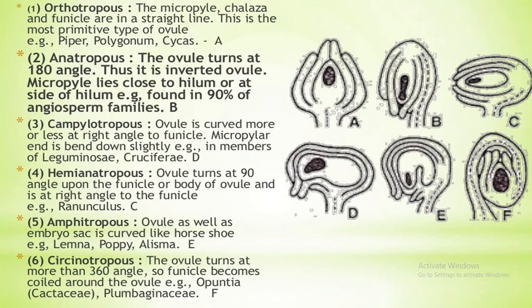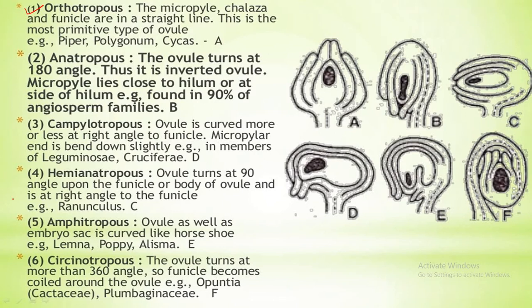Now, depending upon the shape and orientation, the ovules of angiosperms are classified into different types. The first one is the orthotropous or atropous, where the micropyle, chalaza and funicle are in a straight line.